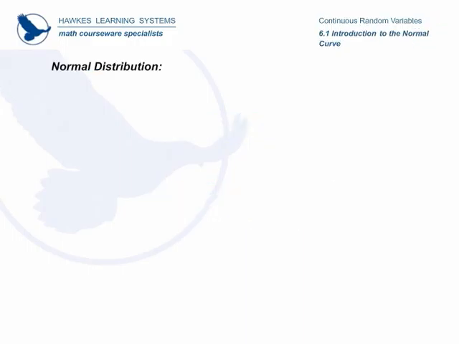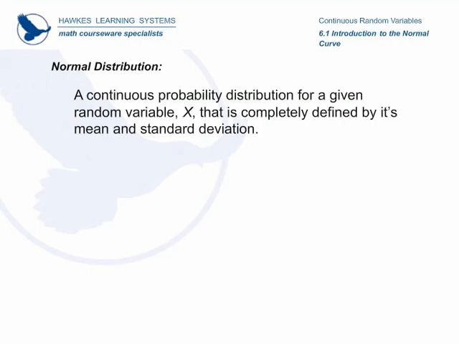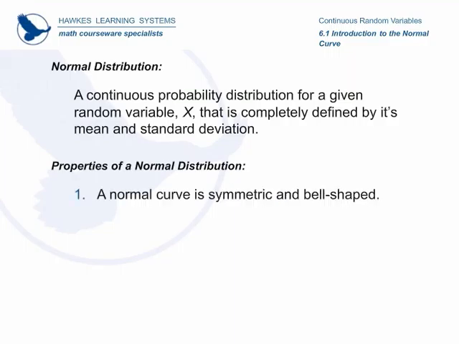In Chapter 6, we're taking a look at normal distribution. A normal distribution is a continuous probability distribution for a given random variable, known as x, that is completely defined by its mean and standard deviation. The properties of a normal distribution are as follows.